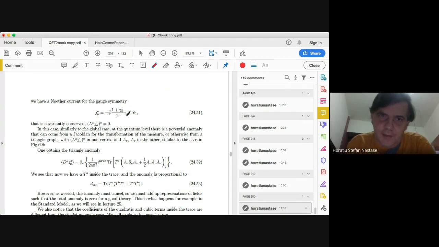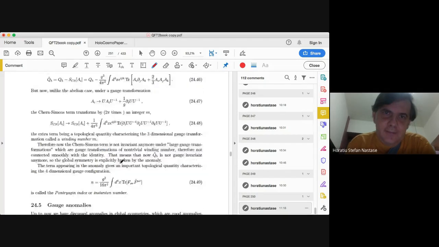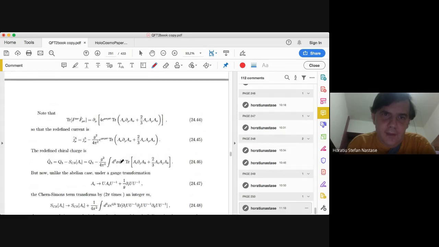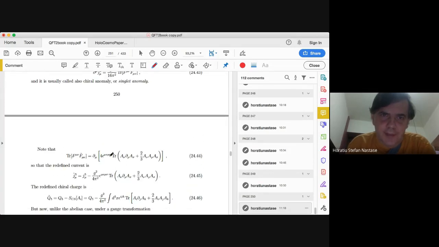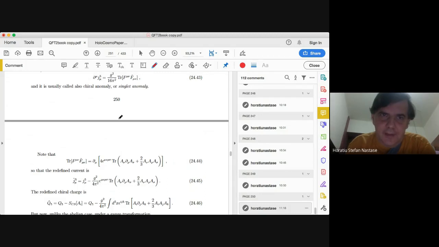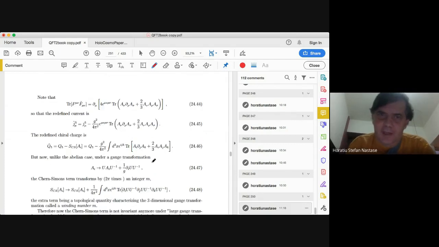Well, in the current we have the TA. So inside the trace, we had this trace appearing in the singlet anomaly. We had trace F mu nu F tilde mu nu, which was written as a del mu of a trace with A dA plus 2/3 A cubed.